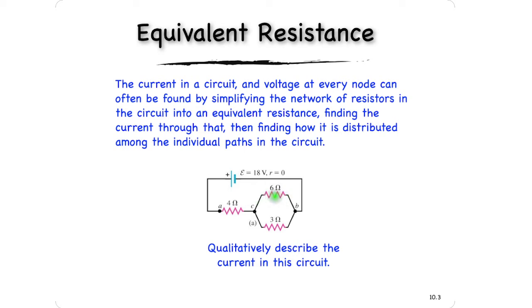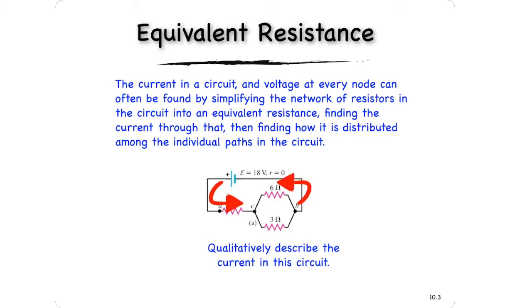We need the voltage drop across this resistor to be the same as the voltage drop across that resistor, because they're in parallel and they have to have the same voltages across them. The voltage across each of them is the voltage at C minus the voltage at B. And that has to be the same. So that tells us that the I times R through this resistor equals I times R through that resistor. If they have different R's, they're going to have different I's.